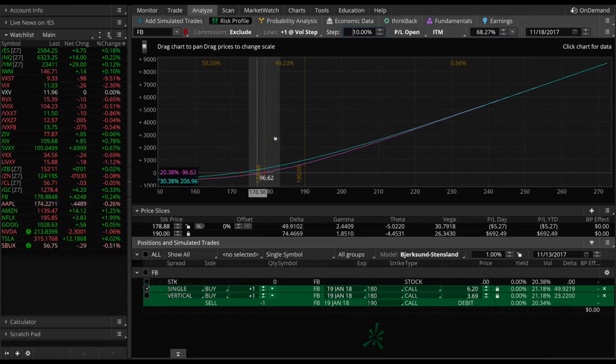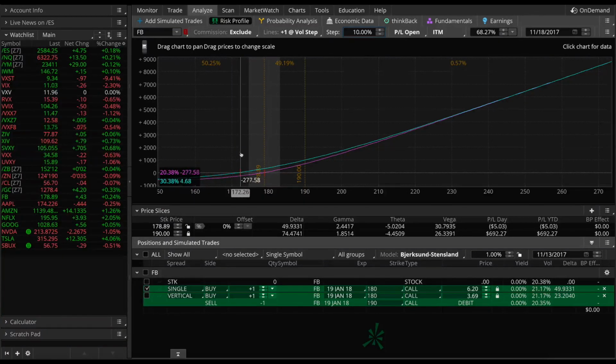So on this risk profile graph, we're looking at two implied volatility environments. The first one is a 20.38% implied volatility, which is simply Facebook's current implied volatility reading. And the second line we're looking at is 30.38% implied volatility, which is just a 10% increase from Facebook's current implied volatility.